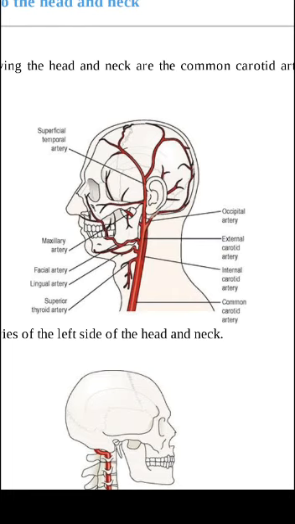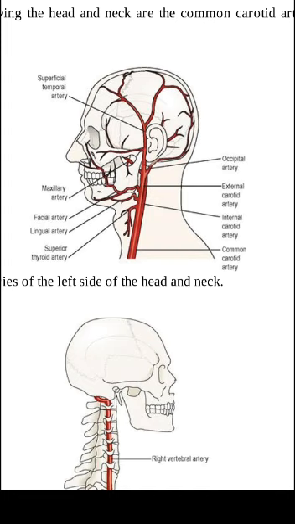Next is the maxillary artery, which is supplying the maxillary bone area, and it supplies many teeth as well. The facial artery, you can see, is obliquely running from the nose region towards the angle of the mandible. Next is the lingual artery, which supplies the tongue and some lower teeth as well.